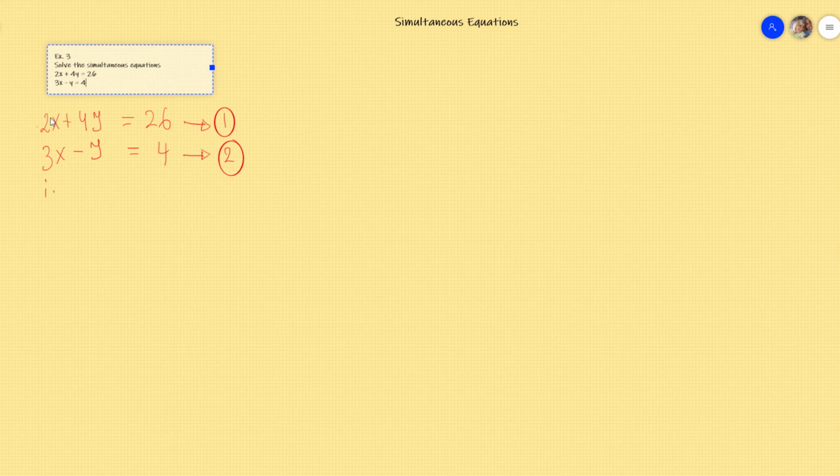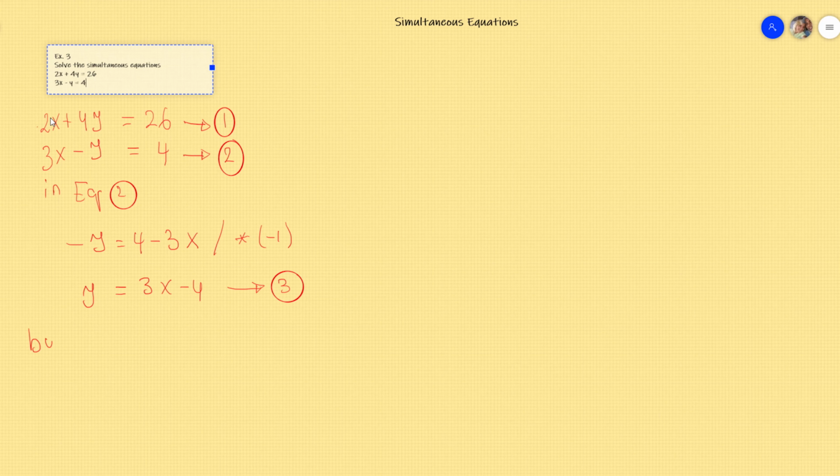So in equation 2, minus y is equal 4 minus 3x. By multiplying both sides by negative 1, we will have y is equal 3x minus 4, and we could label it equation number 3.